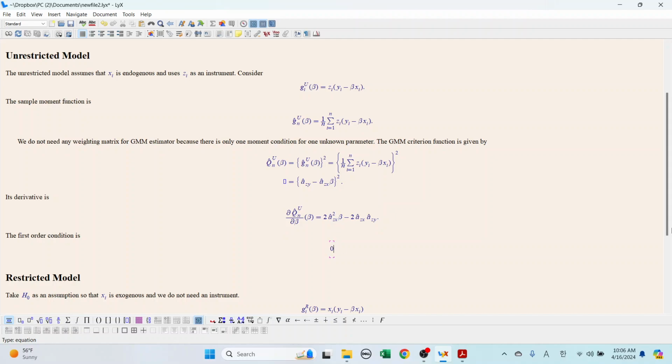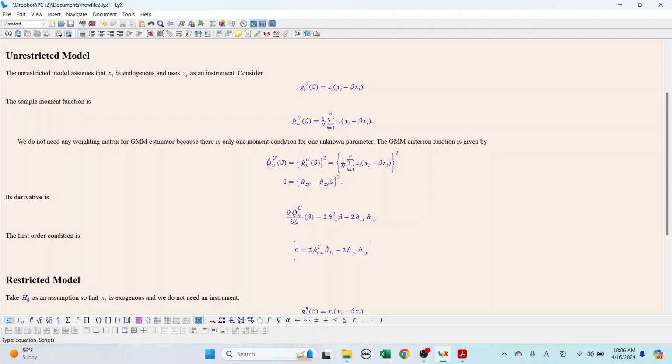So 0 equals 2 times... I'm going to denote it with u, because it is the unrestricted estimator, right?